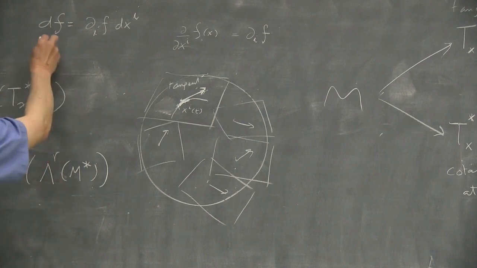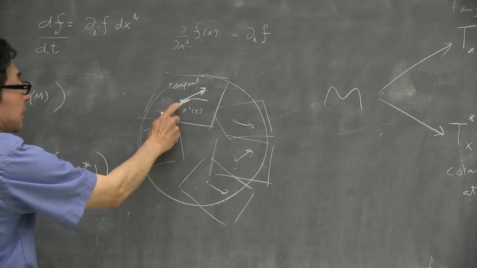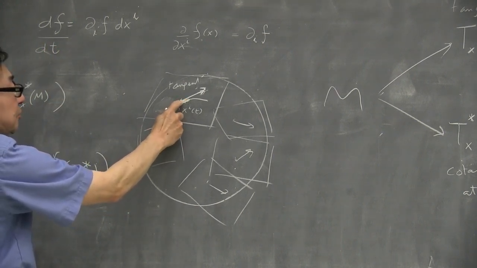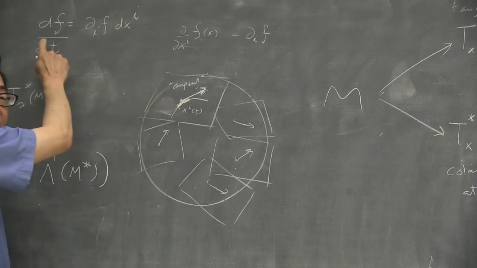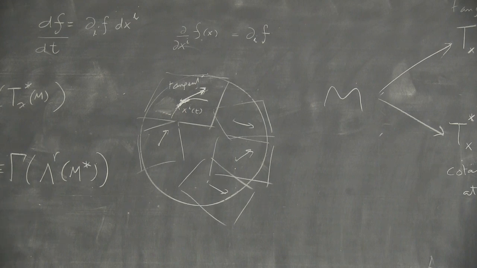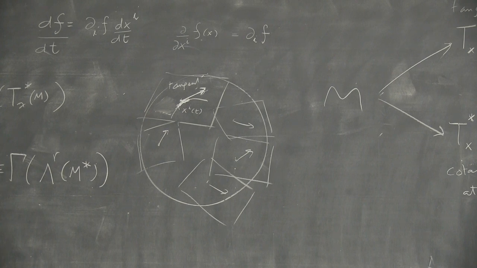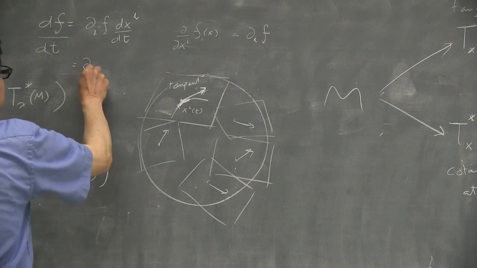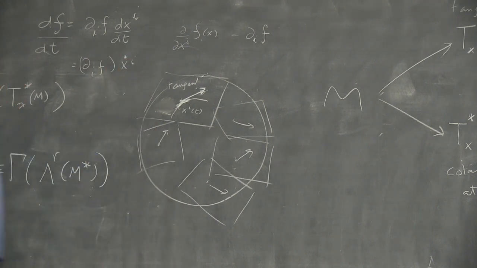Then you can actually think of finding the time rate of change of the function f when you move along this little curve like that, as time goes to 0, and that's the derivative, df dt. And so this is just like so, okay? And df dt is just xi dot, like so.